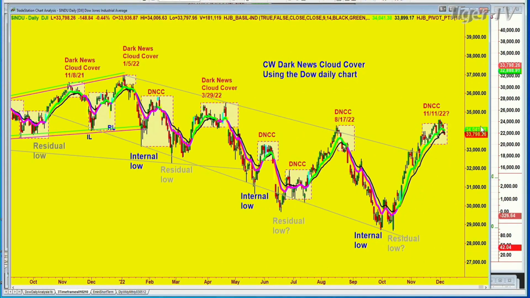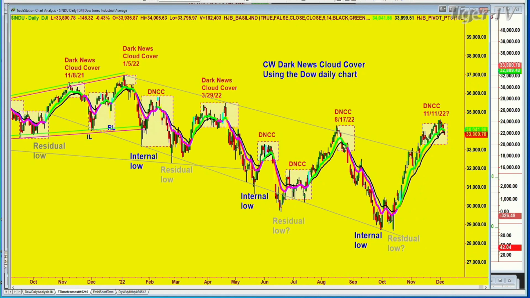And what I've been looking at is how markets make internal lows and then residual lows. And sometimes that could be even 6 months apart. You remember there was a period back in the 1990s where I think it was in 92, the S&P or the semiconductor made a low, back in 93, that was October, and then in March of the following year, the other one made a low, but the original one didn't.